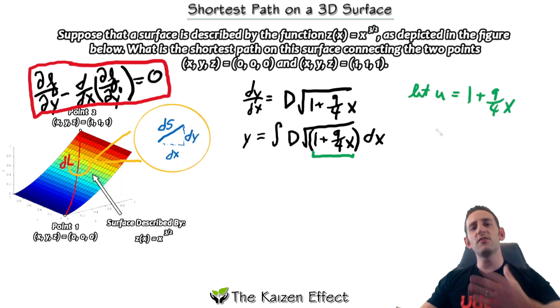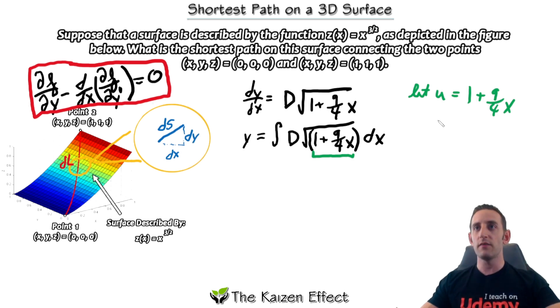And when we do that, we need to take the derivative of u so that we can find out what dx is equal to and substitute some information into this integral so we can solve it. So when we take the derivative of that, du dx is equal to 9 over 4.